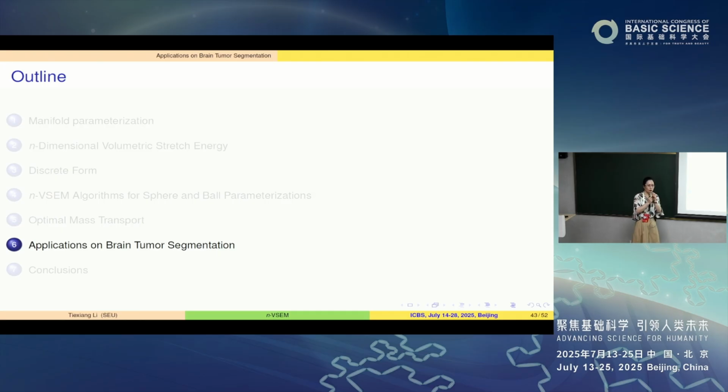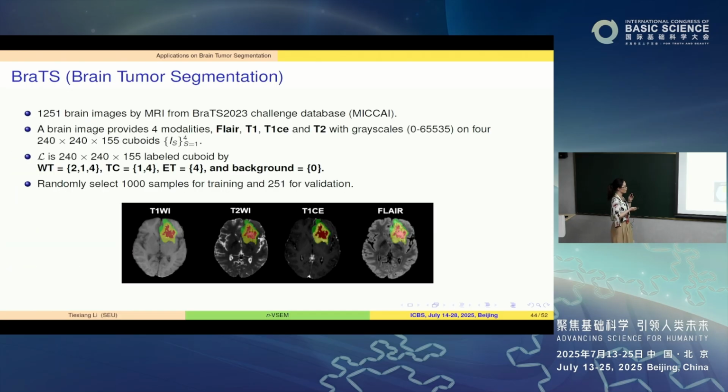We combine the mass preserving and optimal transportation problems together, and now we want to use them for some real applications. Here, I will introduce our recent work on brain tumor segmentation. In the past 4 years, we have continuously attended the challenge.